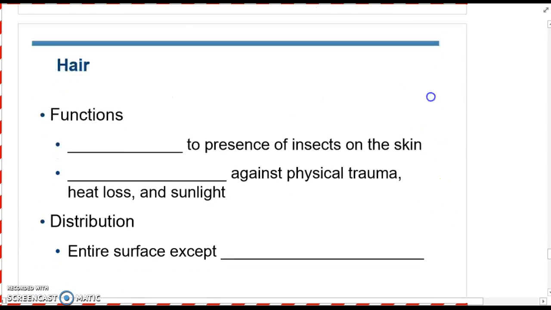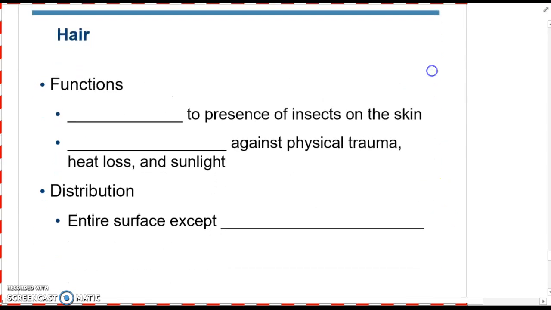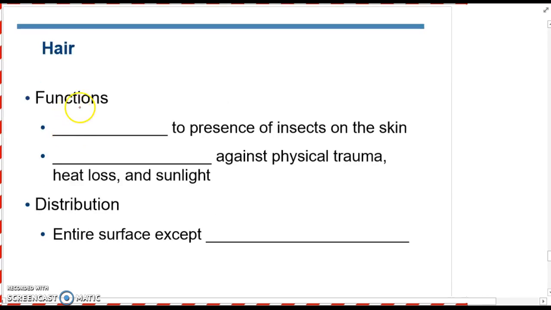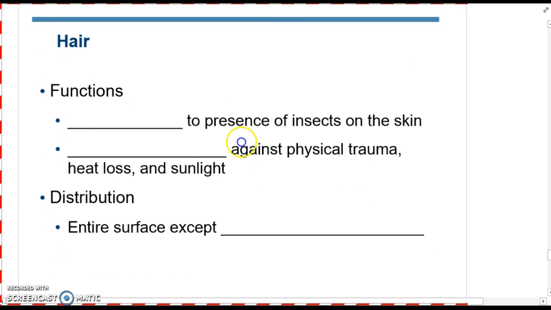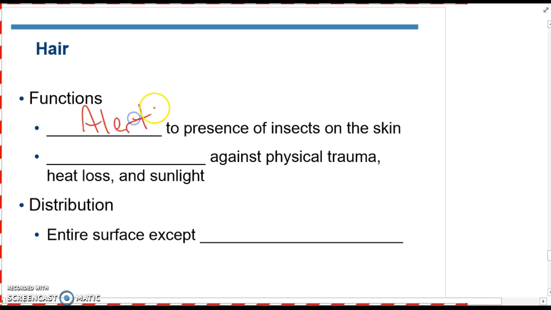So now we're going to talk about the accessory organs really fast. The hair is one of them. Their function is to alert the body to, say, insects in the skin. They also guard the scalp, for example, against physical trauma, heat loss, and also sunlight.